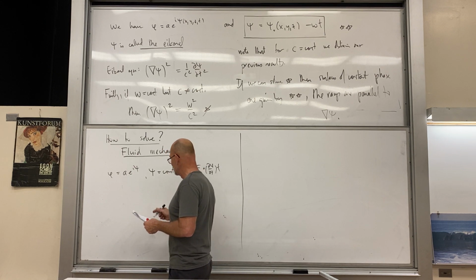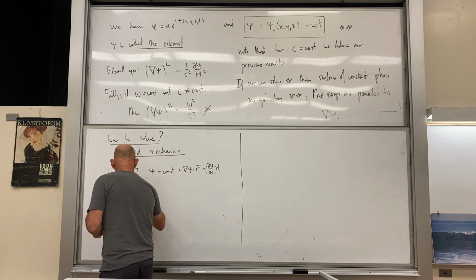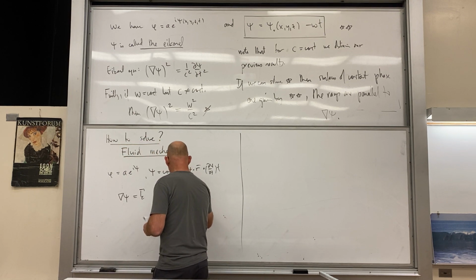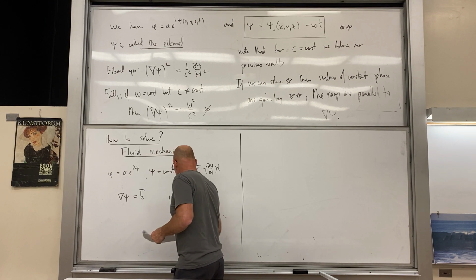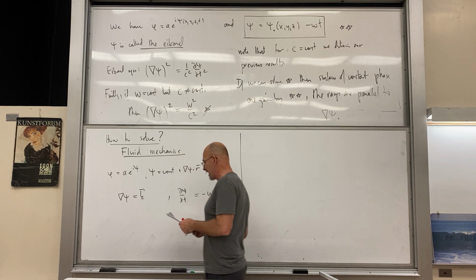Then we find that the gradient of C is our k, and dC/dt is equal to minus omega.